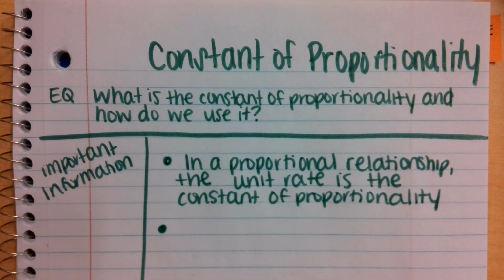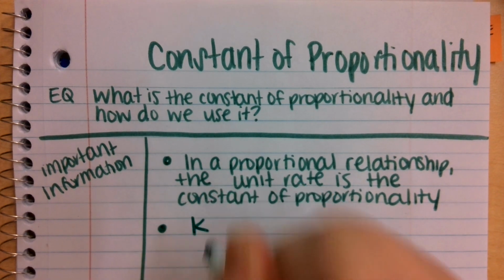The variable we use for constant of proportionality is K.